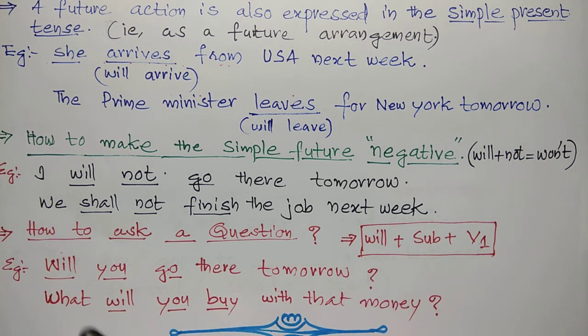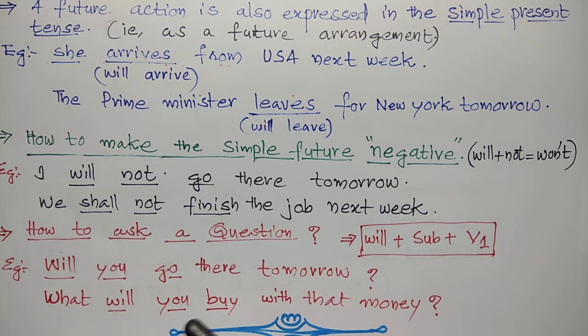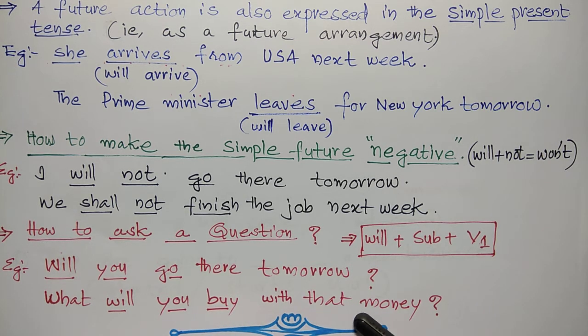That is a question. What will you buy with that money? So will is coming before the subject. Will plus subject plus V1 form. That is the question form of the simple future. So this is all about the simple future.